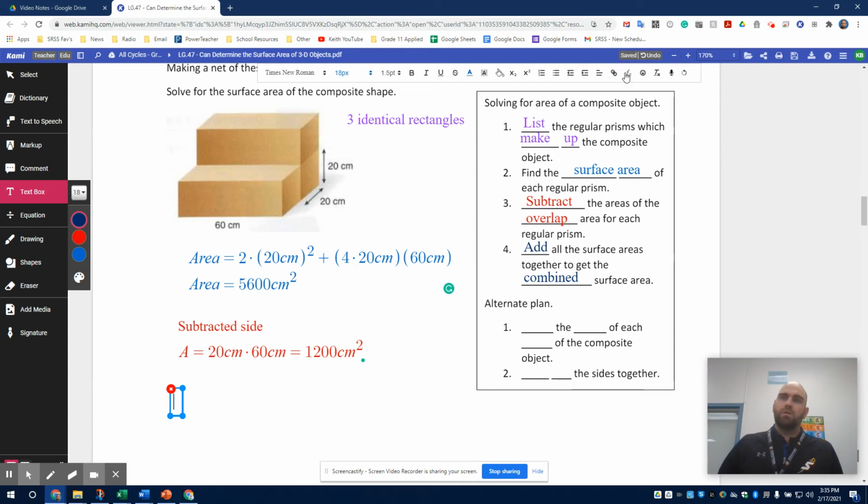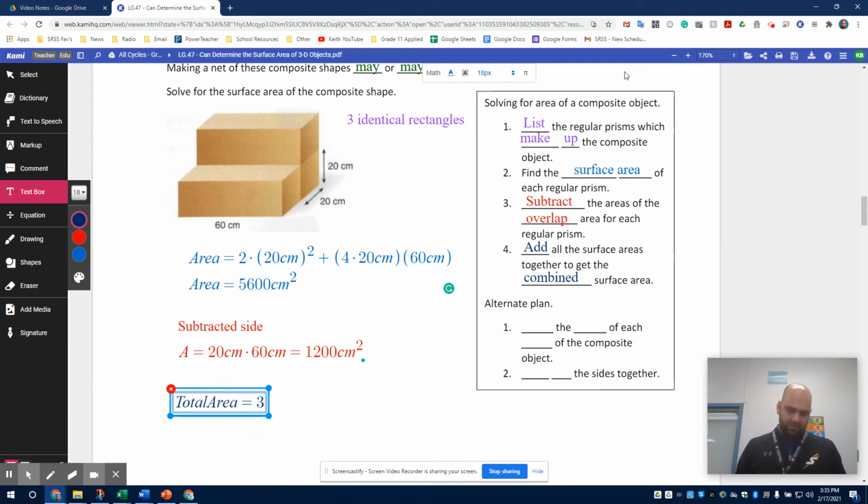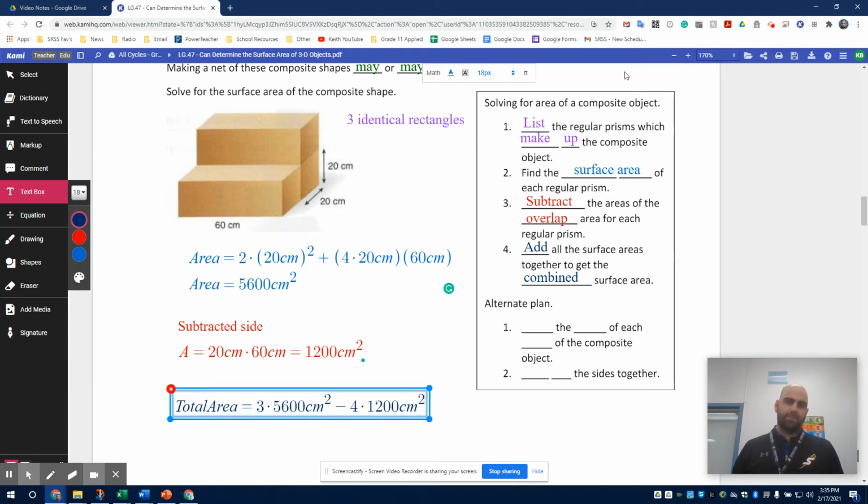So our total area is equal to 3 boxes times the 5,600 centimeters squared minus the 4 sides times 1,200 centimeters squared.